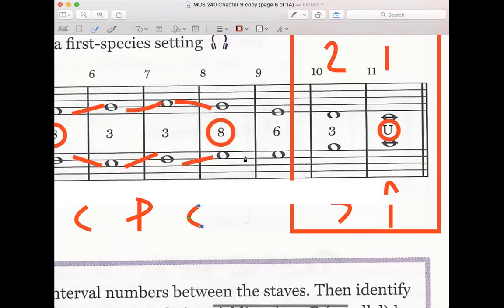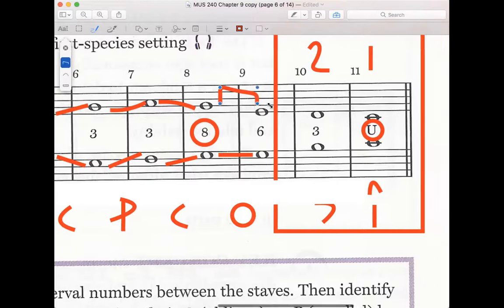This looks different, doesn't it? This voice is staying the same, and this voice is skipping down. What's that called when one voice stays the same and the other one moves? Oh, right, that's oblique. Okay, and here I'll leave that so you can see it.